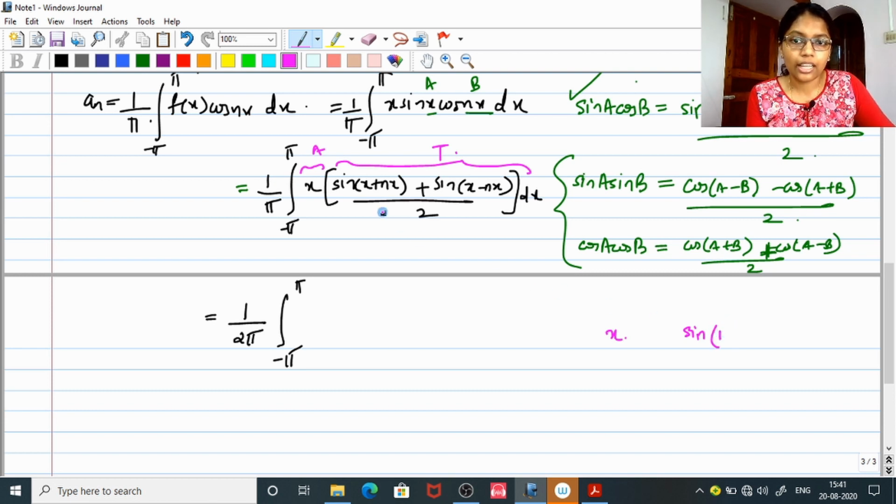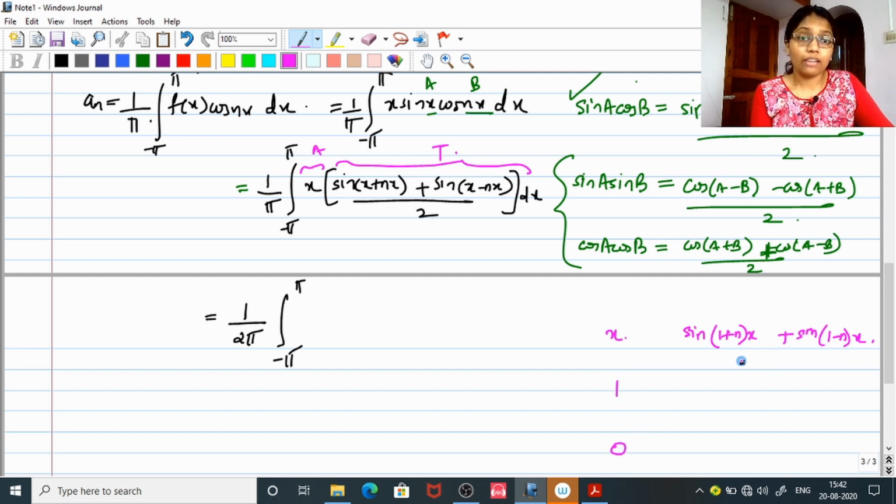Here you can see x and x, which means x can be taken outside, so that inside it will be sin of (1 plus n) x, plus here also x can be taken outside, so it is sin of (1 minus n) x. Okay, 2 we have taken outside. So this is the approach for the table method, and the derivative of x is 1, the derivative of 1 is 0.